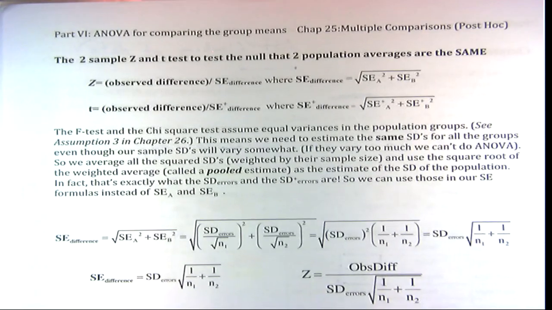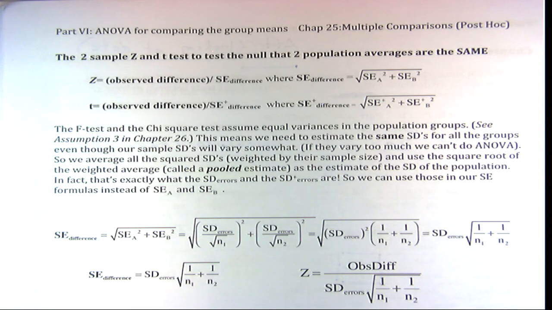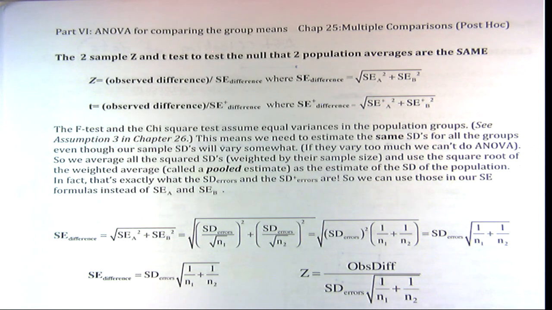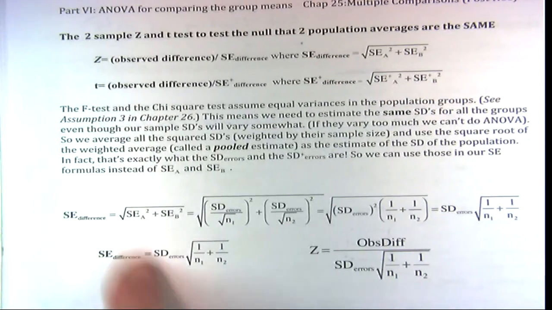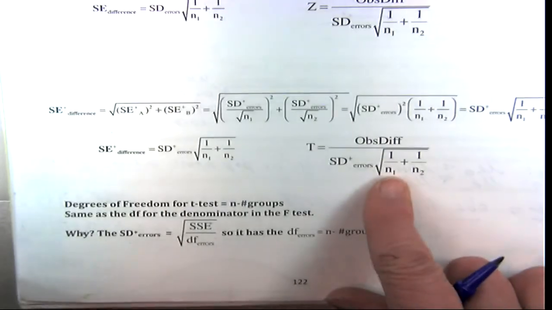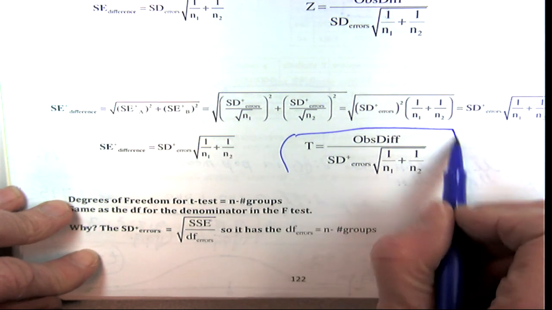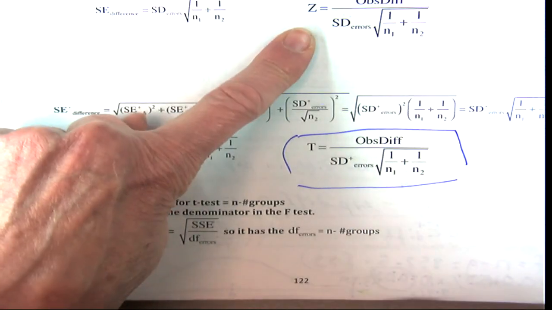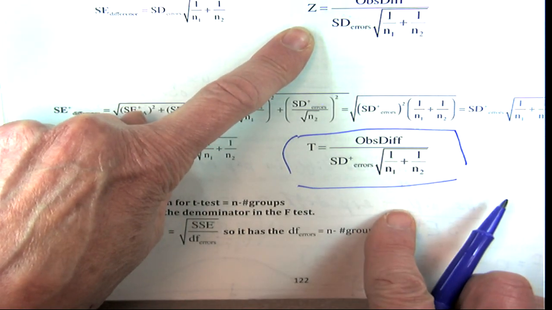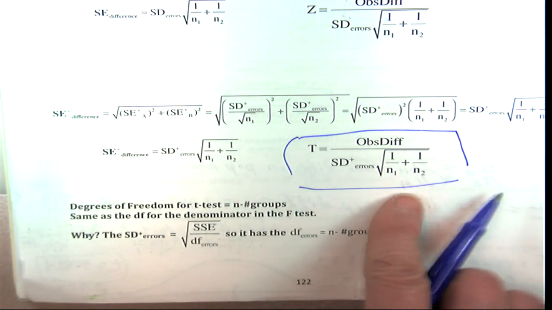I went through it, but you can see the standard error, this is what we got, this is what we're using right here. It would be the same if we did the z, we just wouldn't be using the plus errors.